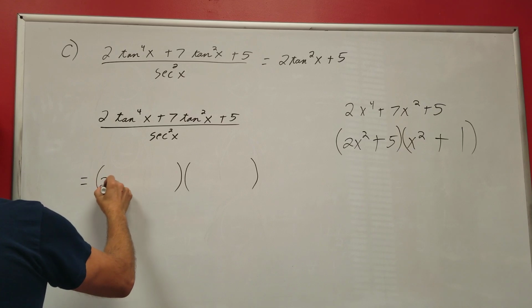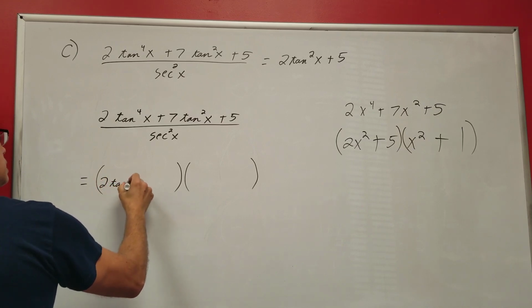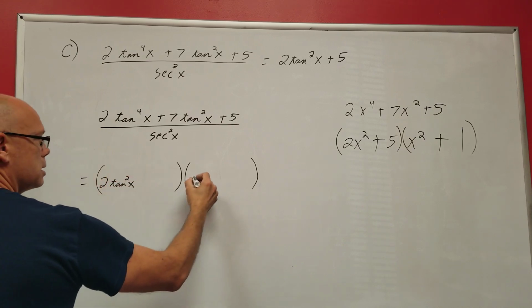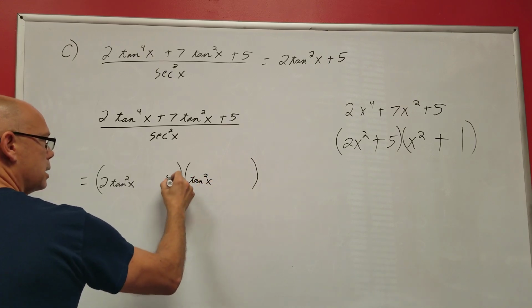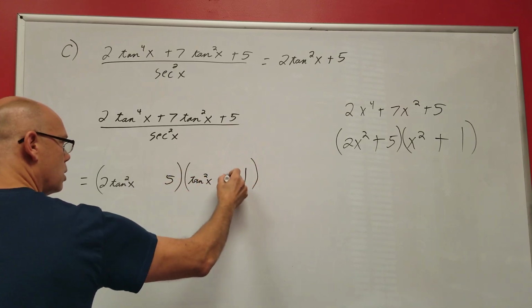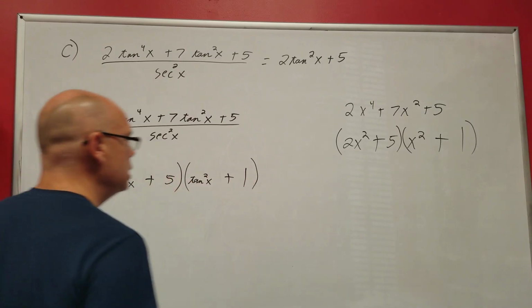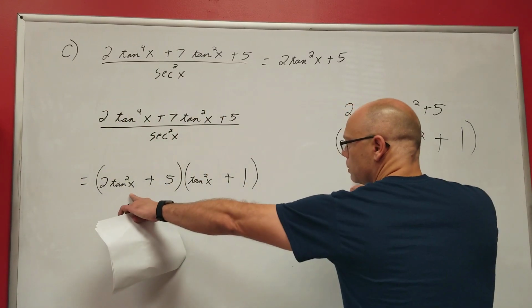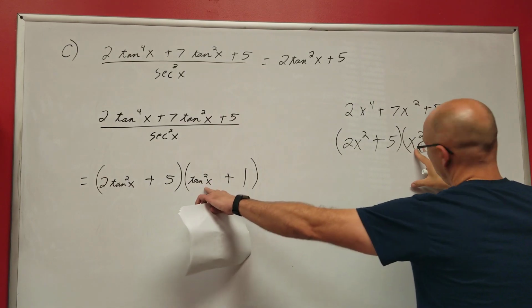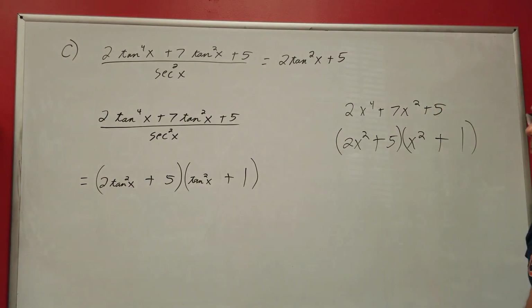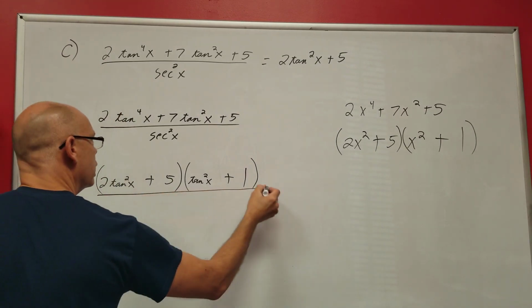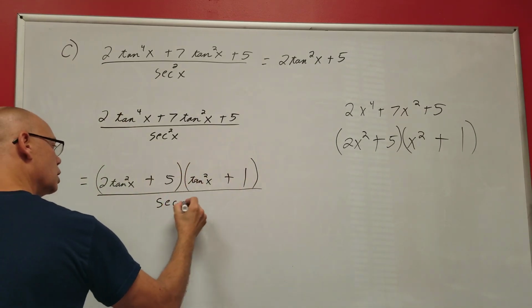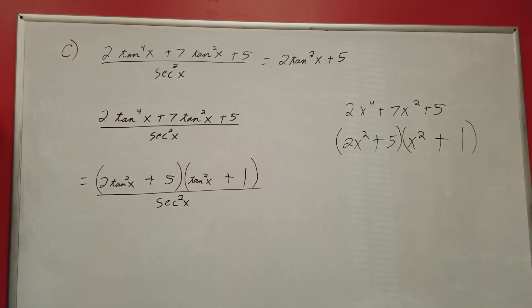I can say that this is 2 times the tangent of x squared. I could say that this is tangent of x squared. I could say that this is 5. I could say that's 1, and I can put pluses. Now, we just took the place of each tangent and put it in the x part. So that's my numerator over secant of x squared.